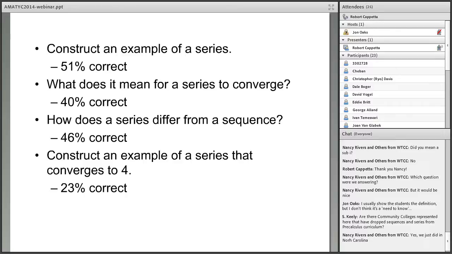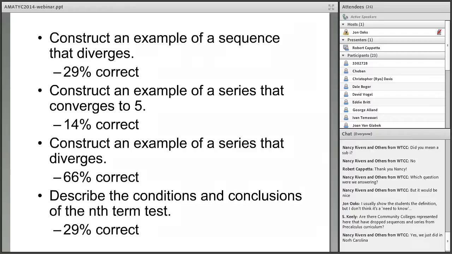Construct an example of a series that converges to 4, about a quarter. And you could imagine which one they used. They would use the geometric series, of course. A sequence that diverges, not many could do that. A series that converges to 5, again, similar to the earlier question, we want to see if there is a difference. Numbers here were worse for whatever reason. Construct an example of a series that diverges, 66% were able to do that.